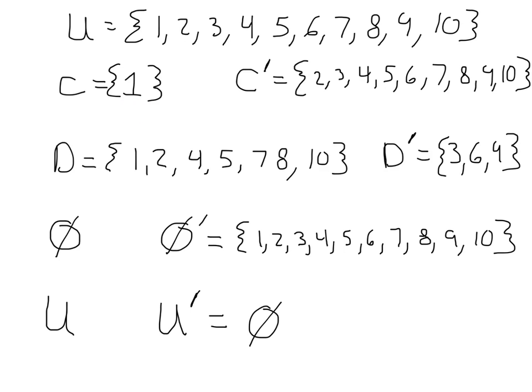So these two sets are complements of each other. Same thing with the universe and the empty set: they are complements of one another, because the complement of the empty set is the universe, and the complement of the universe is no elements at all in your set.